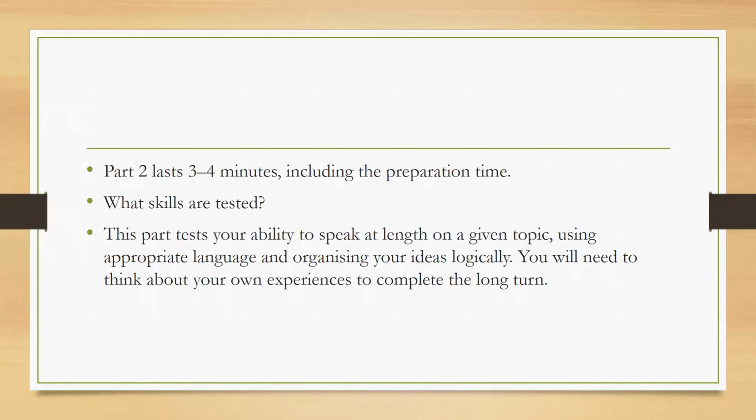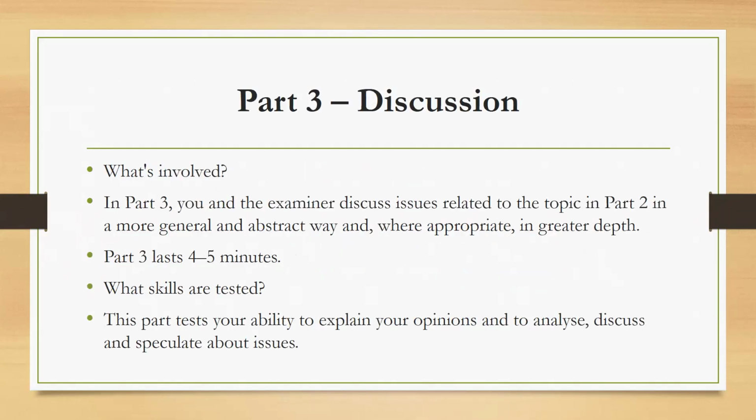Part 2 tests your ability to speak at length on a given topic, using appropriate language, and organize your ideas logically. You will need to think about your own experiences to complete the long run. Then the last part, part 3 in the speaking test. In part 3, you and the examiner discuss issues related to the topic in part 2 in a more general and abstract way, and when appropriate, in greater depth.